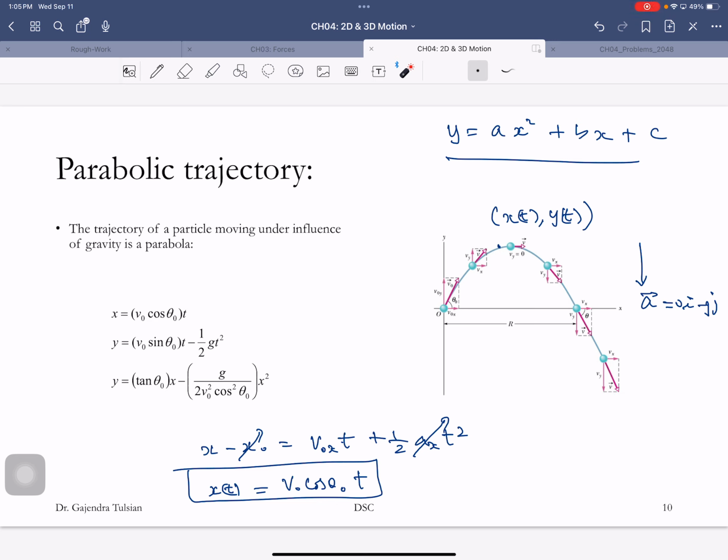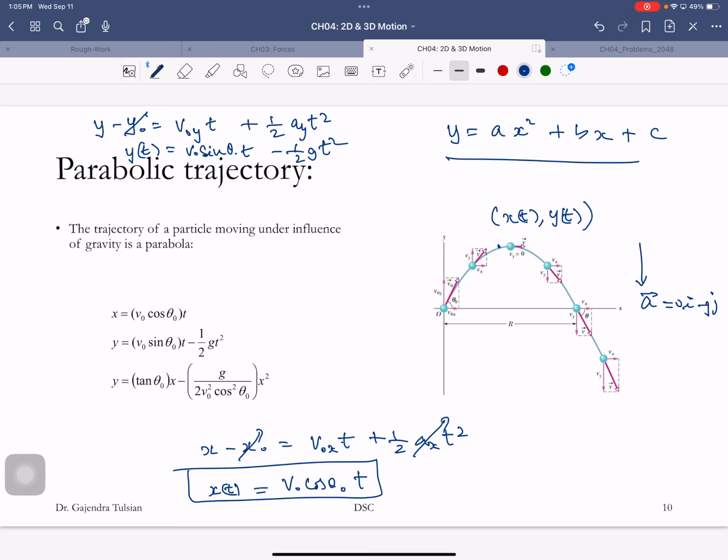Similarly, let's write down the y coordinate. So y minus y naught equals v naught y t plus 1/2 a_y t squared. We'll say y naught is 0. The location y(t) is v naught sine theta naught t minus 1/2 g t squared.